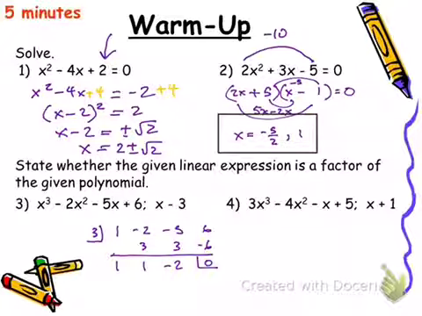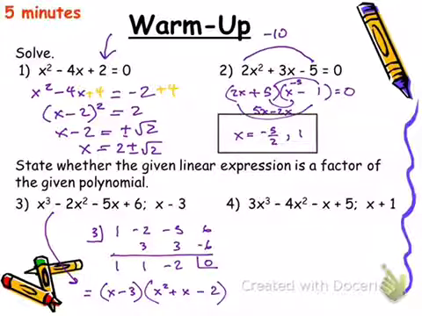So we get a 0, which tells us what? Yeah, 3 is a root, and x minus 3 is a factor. As a matter of fact, this polynomial that we started with is equal to x minus 3, this is important, times what? x squared plus 1x minus 2.